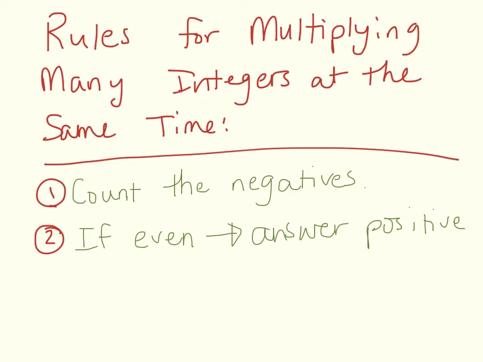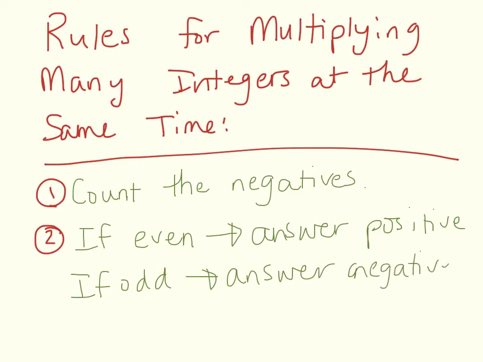So I end up with a positive answer. If that number is odd, then my answer is negative, because they all pair together except for that one that keeps the whole answer negative.